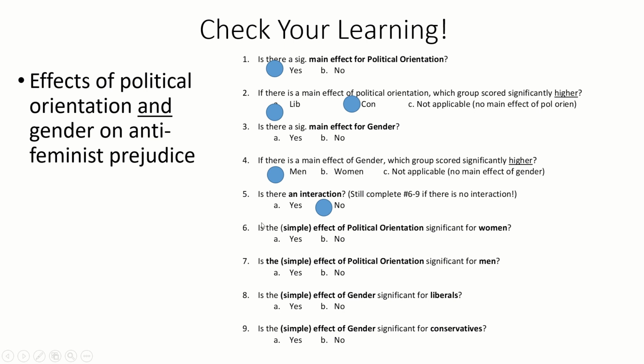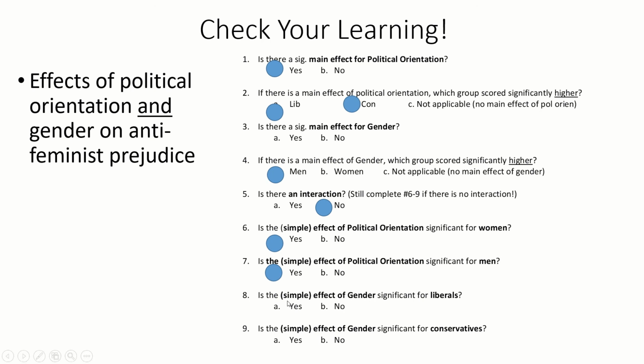So if we look here, we can finish the questions. Number 6, is the simple effect of political orientation significant for women? Yes. And is it significant for men? Yes. We found a difference between liberals and conservatives for both women and men. Conservatives reported more anti-feminist prejudice compared to liberals, and this held true for both women and men.